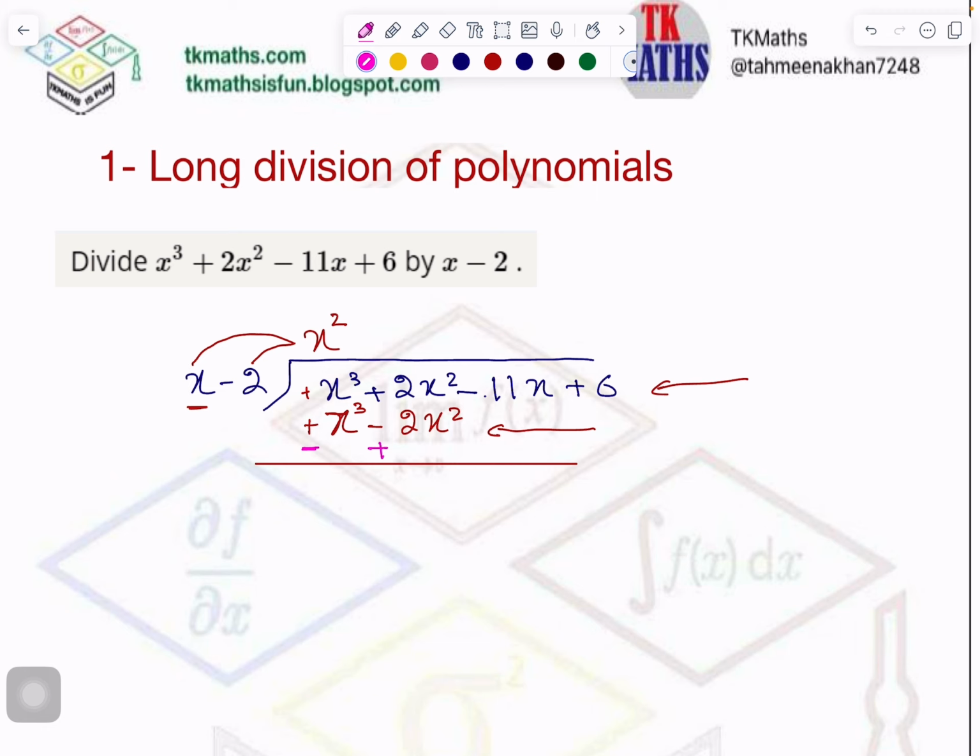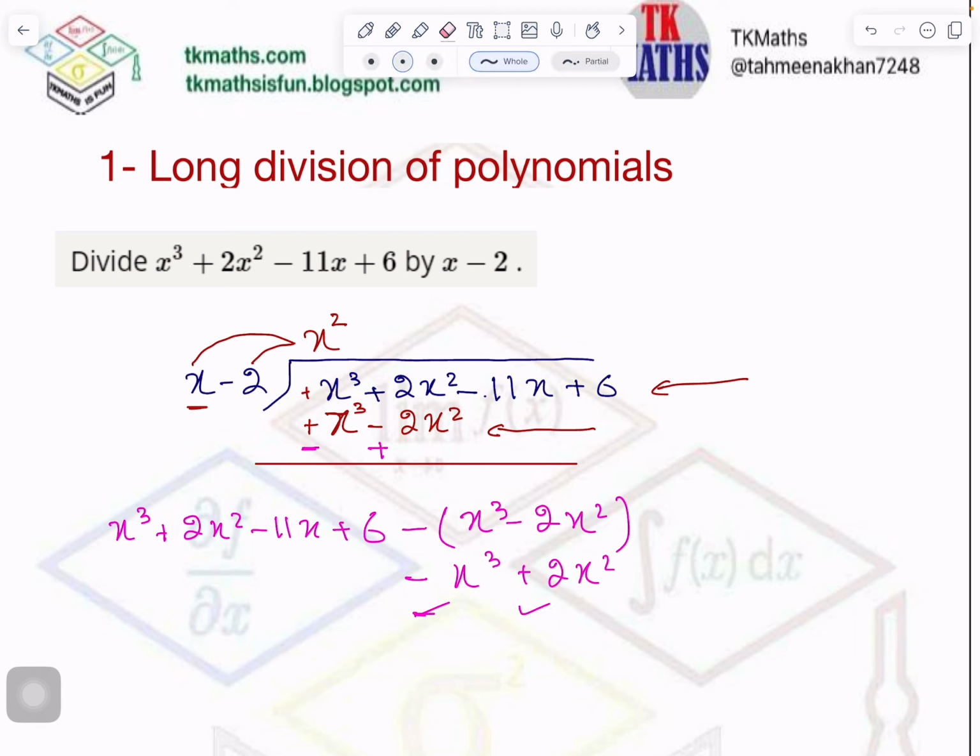If you don't understand, let me explain once why the sign changes. What we are doing is this polynomial minus this red one, x cubed minus 2x squared. When I open the bracket, the sign changes: x cubed has a negative sign now, and 2x squared has a positive sign.